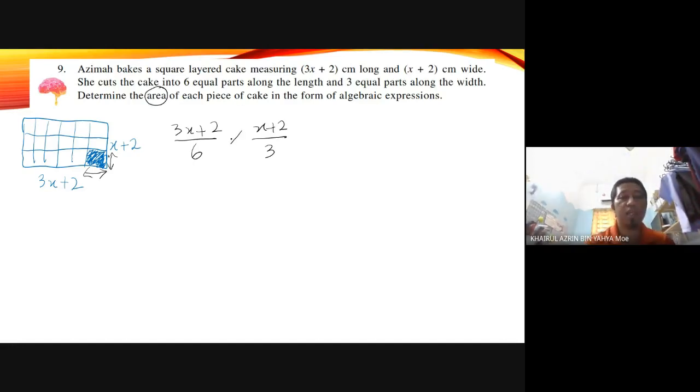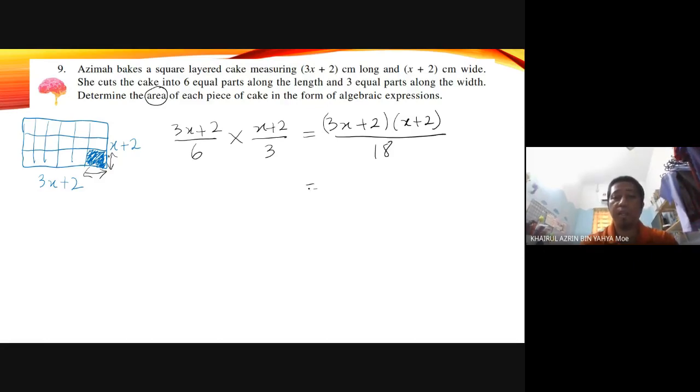So to get the area, we multiply. So, what is the answer? Become like this. 3x plus 2, x plus 2, divide with 6 times 3, 18.